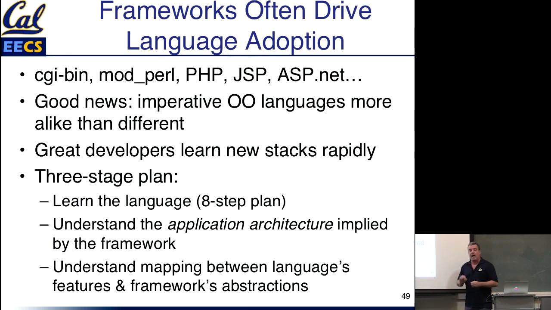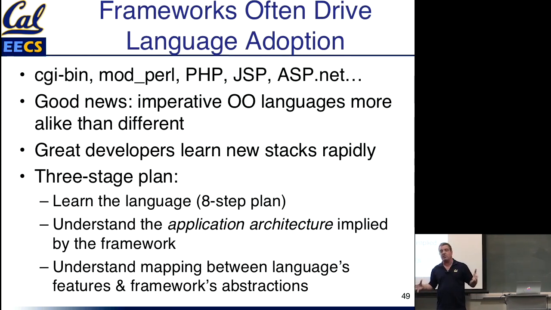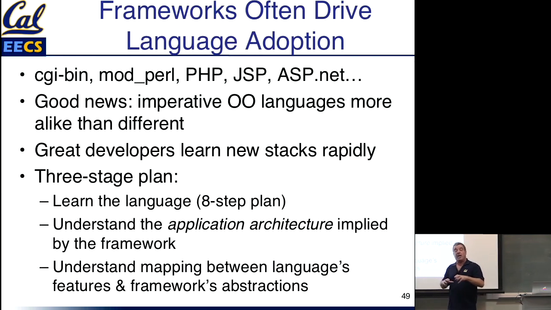Once you've learned the language, and I'll tell you our 8-step plan for learning the language, the next thing is to understand what is the application architecture your framework supports. To say that you are learning React is to say that you are learning an essentially data flow-based view of the world in which data percolates from the root of the tree down to the branches and changes are automatically handled for you. To say that you are learning Rails as a server framework means you are understanding that apps can be thought of as structured model view controller, that those are entities that have a particular role and they influence how you organize the app, and the framework is there to support that kind of architecture.